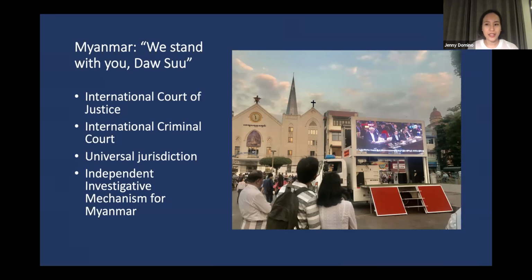And in the same week, the Burmese Rohingya Organisation UK filed a criminal complaint in the Argentine courts under their universal jurisdiction law, alleging the commission of crimes against humanity. This complaint in particular was leveled against both military leaders and civilian leaders. So the State Counsellor was also mentioned in the complaint.